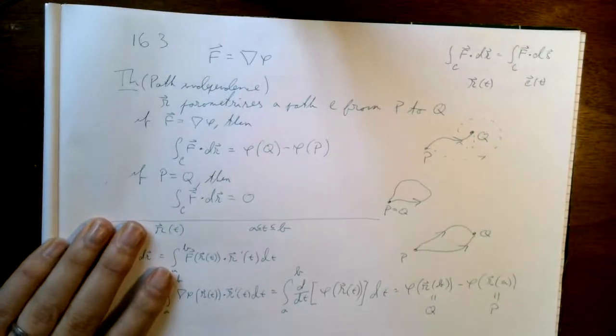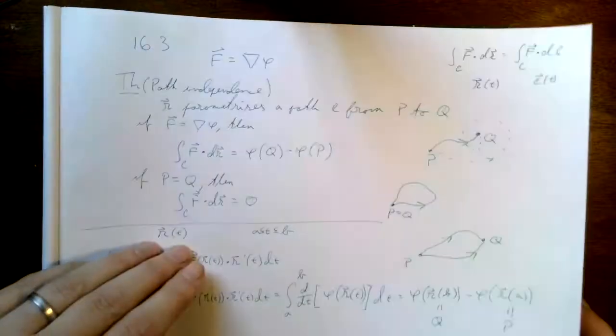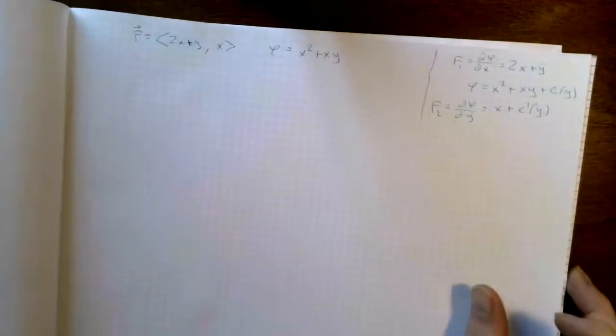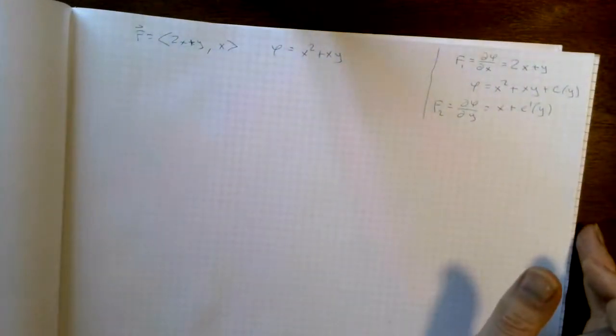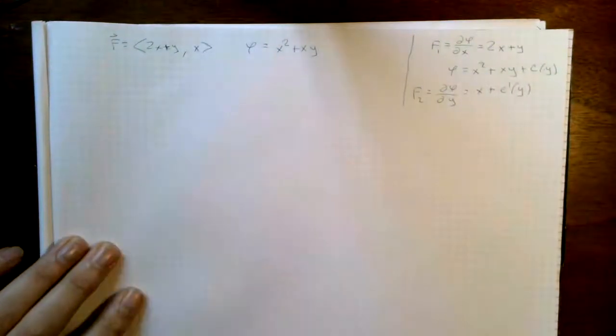So the actual value of phi is not important. It's really the difference between 2 points.